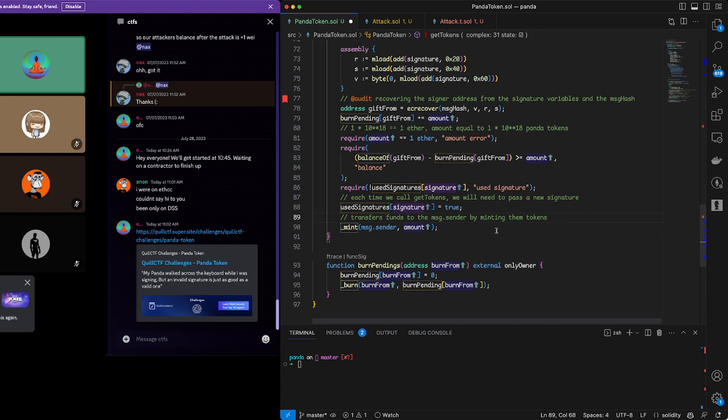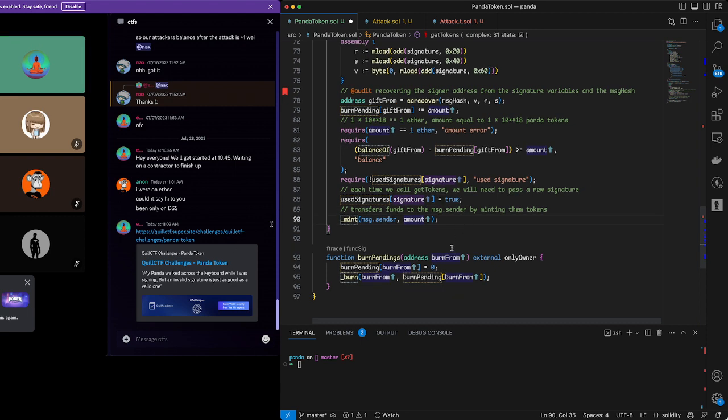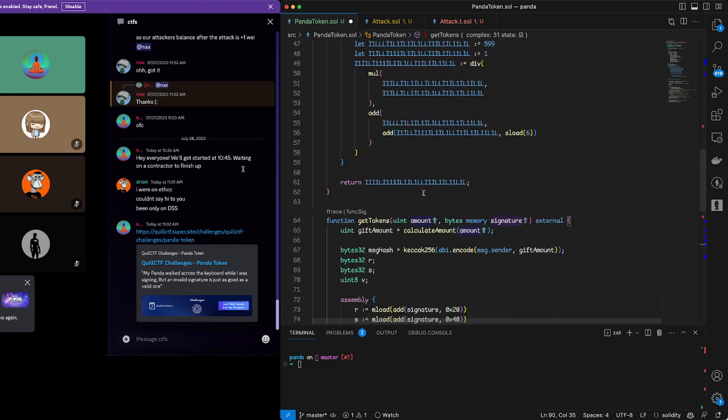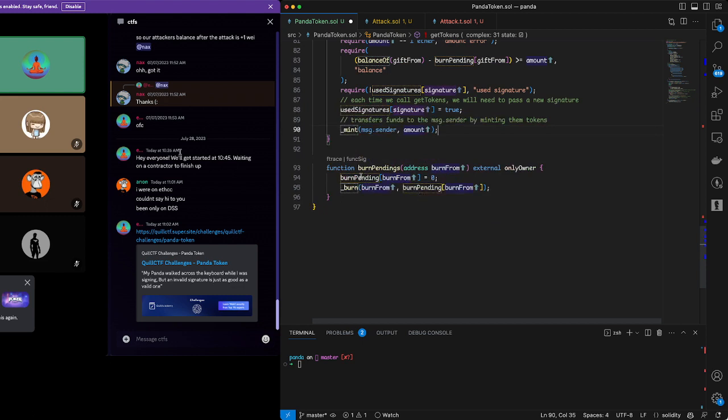And then at some point in here, I don't immediately see it, I would imagine the burn pending can be called and it will settle those funds. And it looks like here the owner could call the burn pendings, and for a specific user, burn any of their pending funds, it would appear.